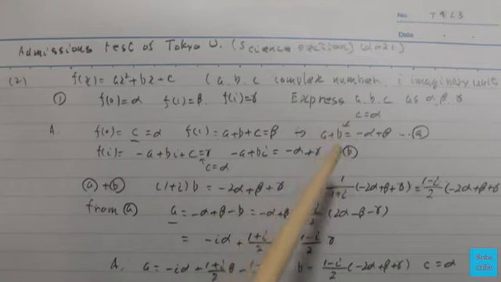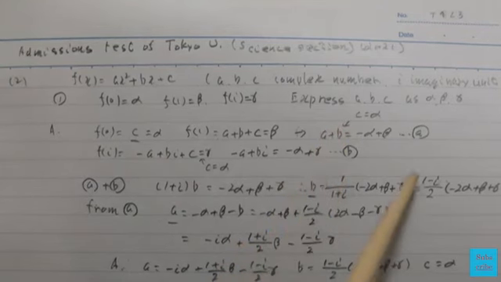Multiply by 1 minus i. Then b equals (1 minus i) over 2 times (minus 2 alpha plus beta plus gamma).